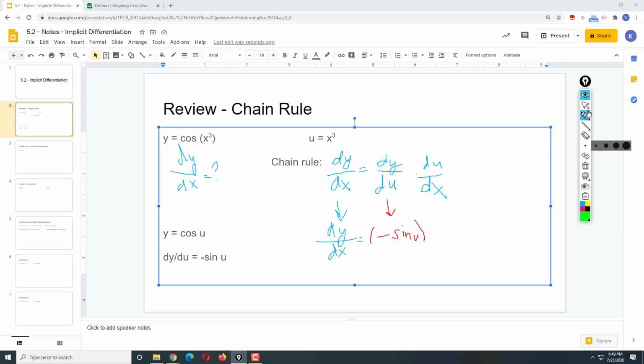Finally, du over dx. Well, if u equals x cubed, then du over dx is 3x squared by the power rule. And to simplify our answer, we want to put it in terms of x. So negative sine u is really negative sine of x cubed, and then times 3x squared.